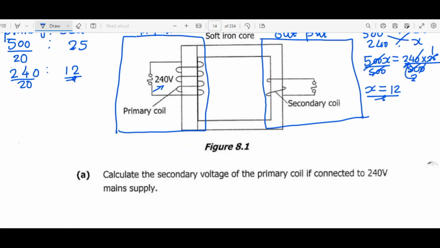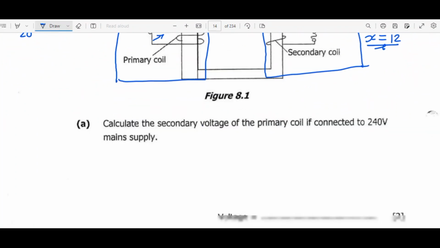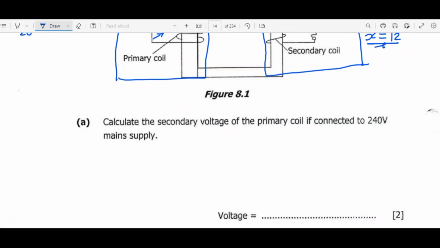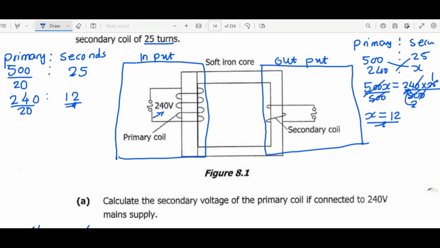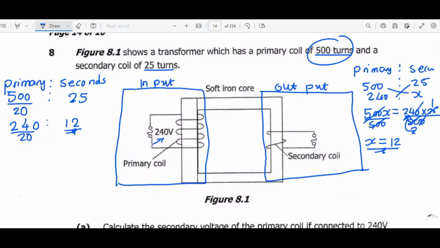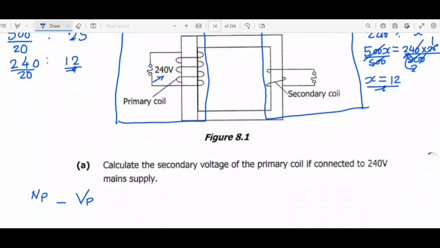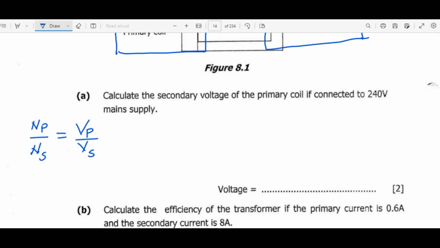Or if you want, you can use the formula. The formula is just simple. It's the number of turns on the primary coil divided by the number of turns on the secondary coil, which must be equal to voltage on the primary over voltage on the secondary. Number of turns on the primary, 500. Then on the secondary, we have 25. So we can now substitute.